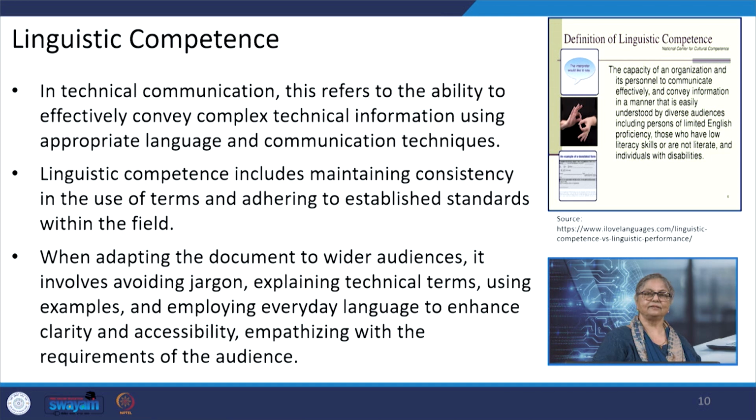It also suggests that as a writer in the context of technical communication, we should also be aware of the level of digital competence of the target audience.